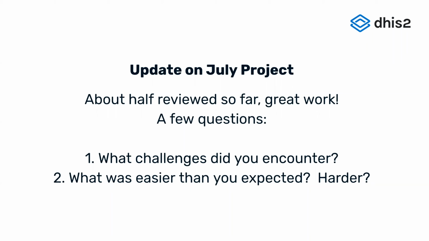Actually, I have two comments when I worked on the July project. The first was it was really helpful to use the DHIS2 components with the front end, like the organization unit tree, which automatically loads the organization units without any additional code to call the API.